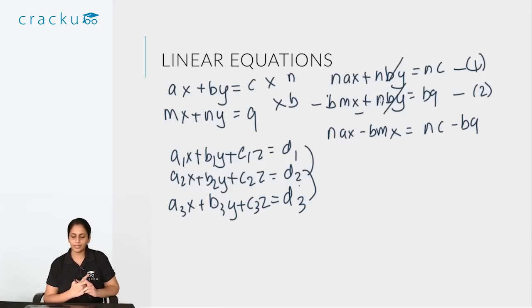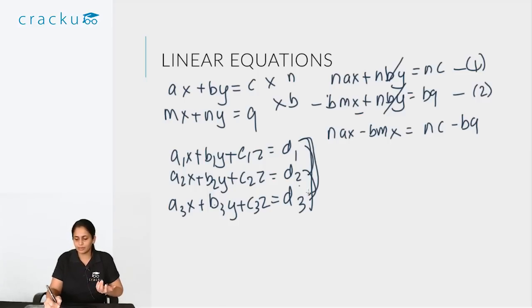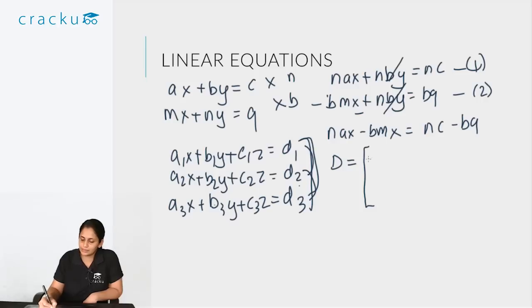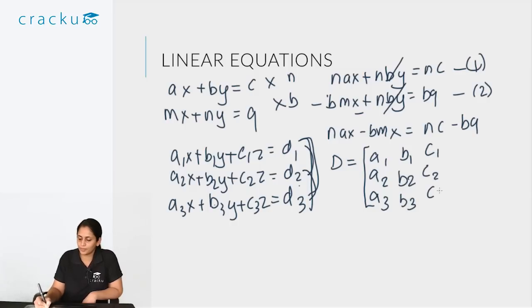In case you're not finding any value for the expression, or you're not able to solve the linear equations, the general way this is expressed is as follows. Suppose this is the set of three linear equations. We define a determinant D, which is made of a1, a2, a3, the coefficients of x, then the coefficients of y, and the coefficients of z.